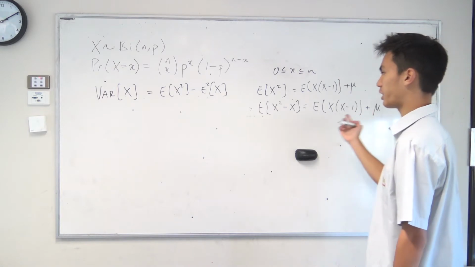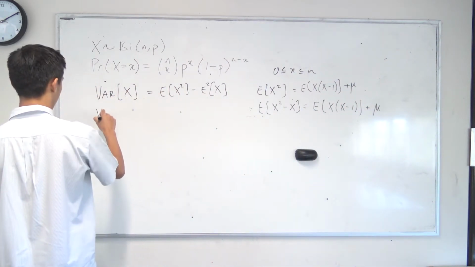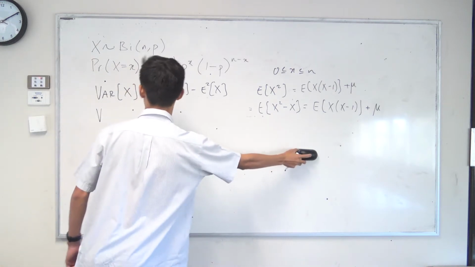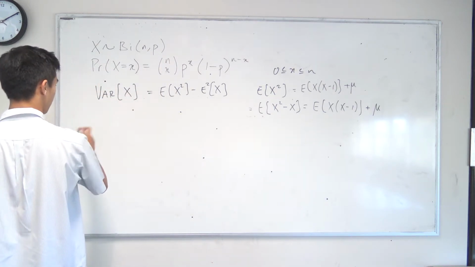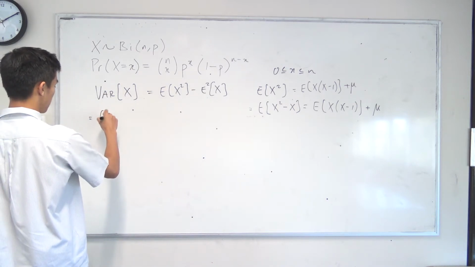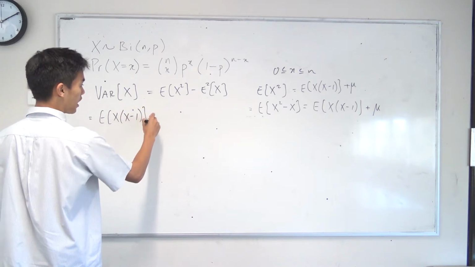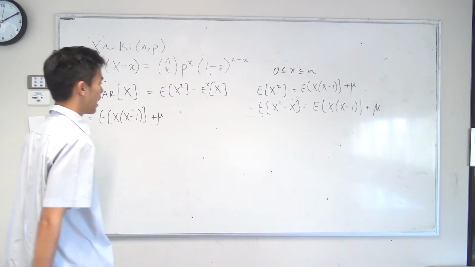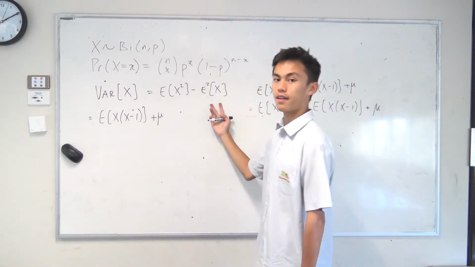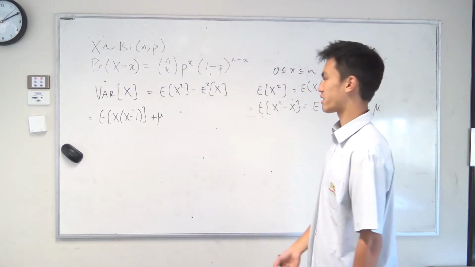Alright, and now we can actually plug this right into here. So now we're going to have the variance of x being equal to E of x squared, but we just found that it's equal to the expected value of x times x minus 1 plus mu. And then notice we have this negative E squared of x right here, and we can rewrite this as just mu squared.